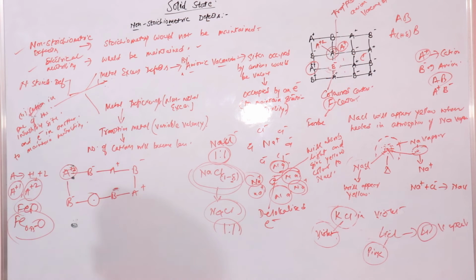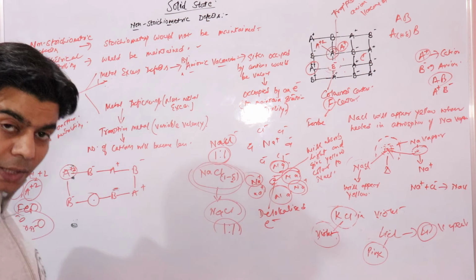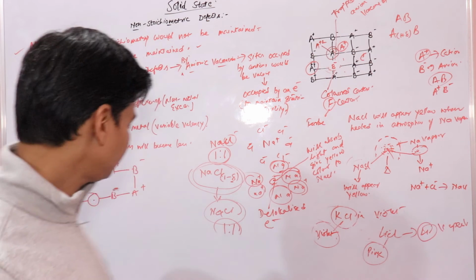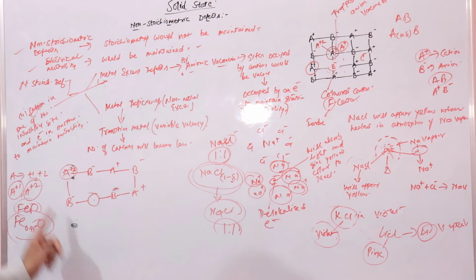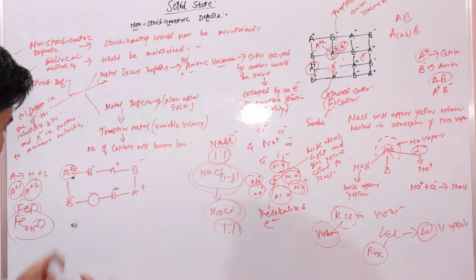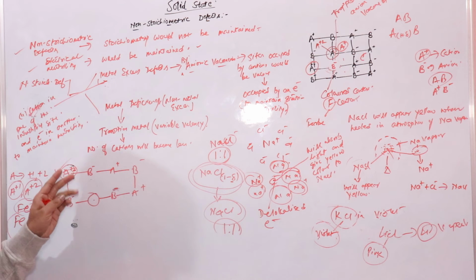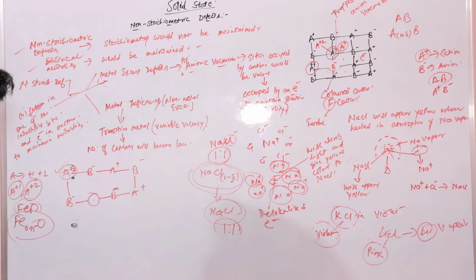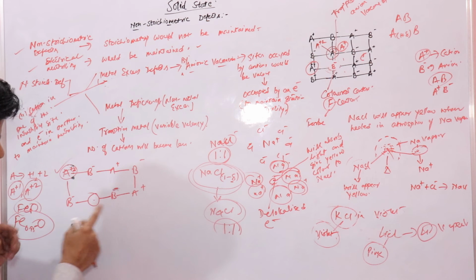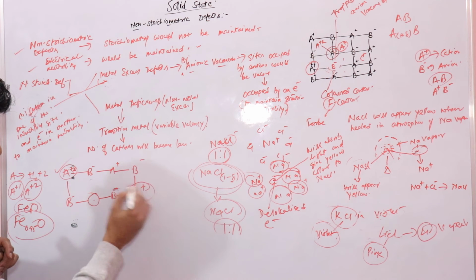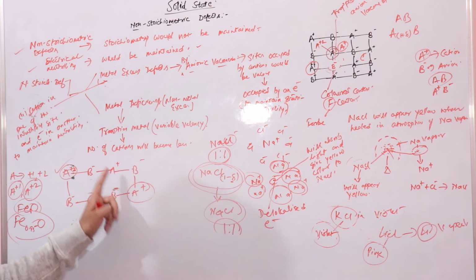So stoichiometry is not maintained and electrical neutrality is maintained because the site is occupied by a cation of higher charge, right? So instead of one vacant site, the electrical neutrality is still maintained because this site is occupied by the divalent cation, which is of the same charge as that carried by these A+ ions at two sites, right?